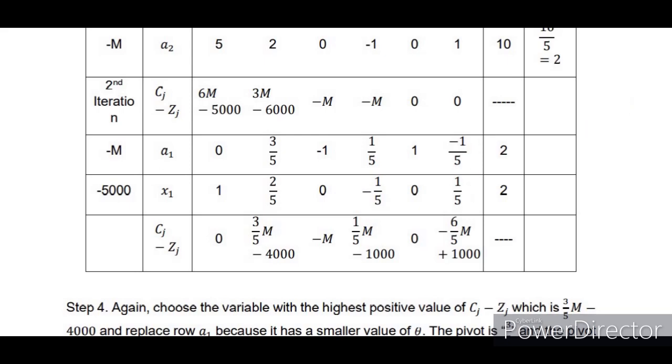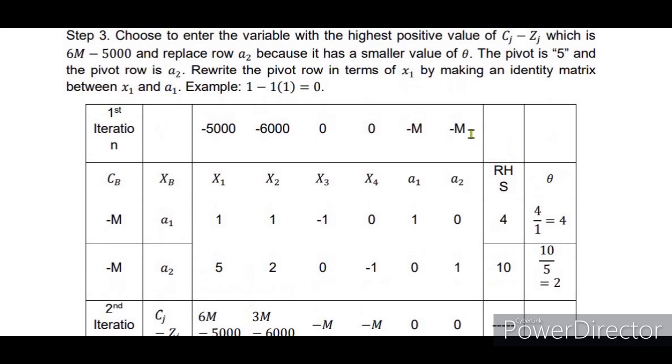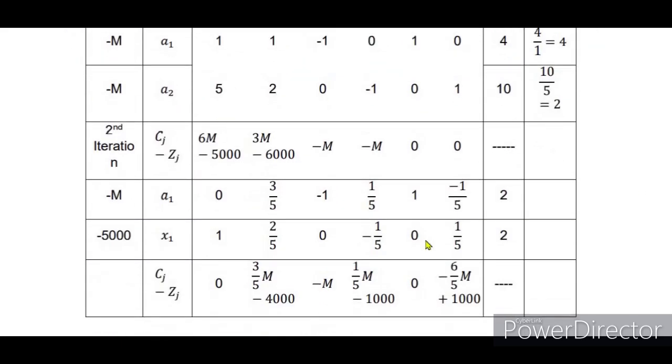So we will use that to subtract from this. So negative m minus positive 1/5 m minus 1,000. So the result will be negative 6/5 m plus 1,000. Okay? So that is the second iteration.